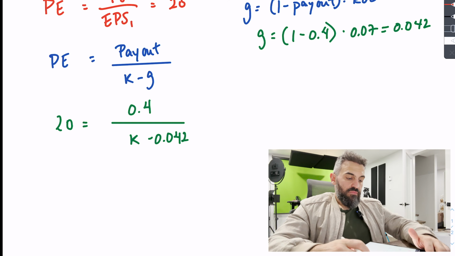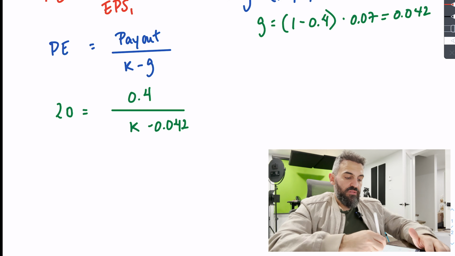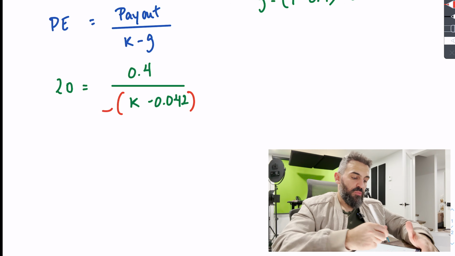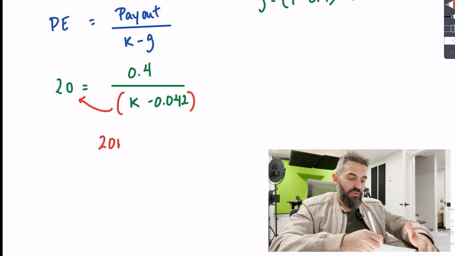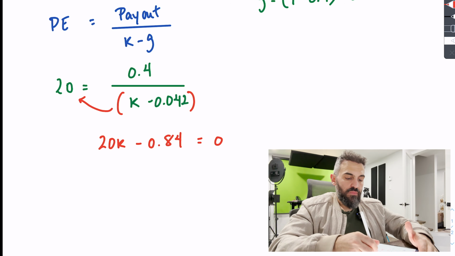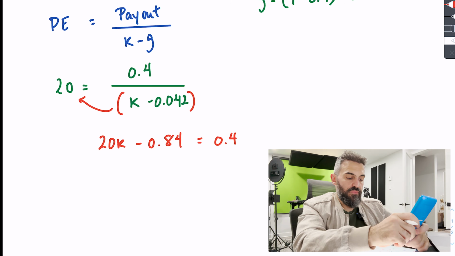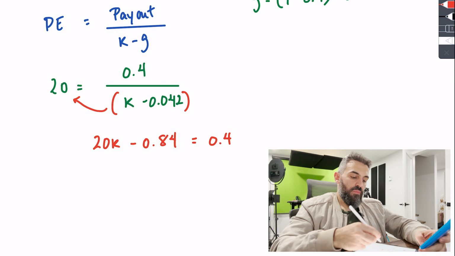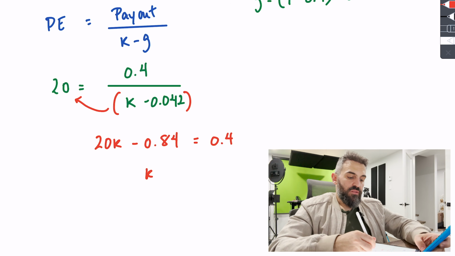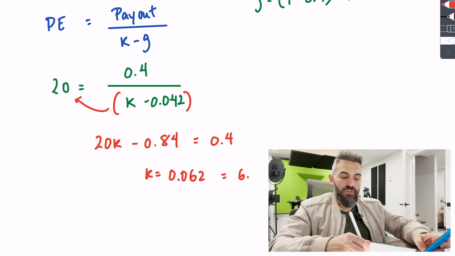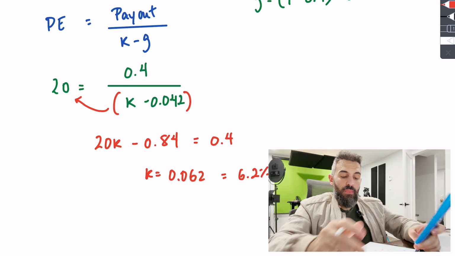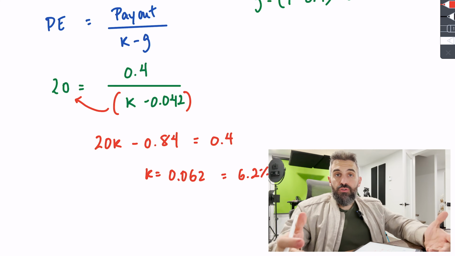So I can algebraically solve for this. So we can cross multiply here. And we should get 0.062 or 6.2%. So the required rate of return is 6.2%.